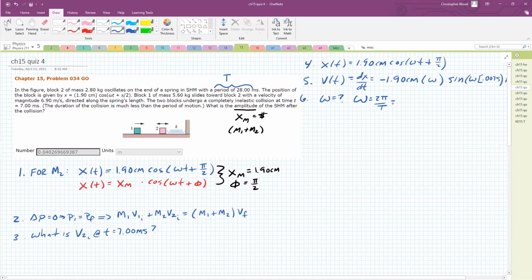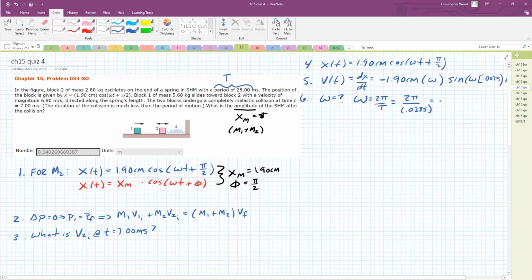For block 2, the only block moving with simple harmonic motion, omega equals 2 pi over the period, which is given as 28 milliseconds, 0.028 seconds.